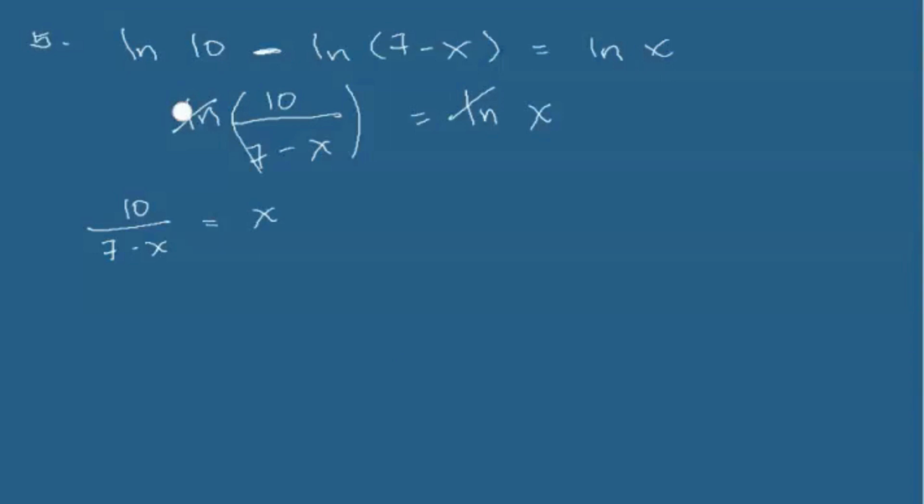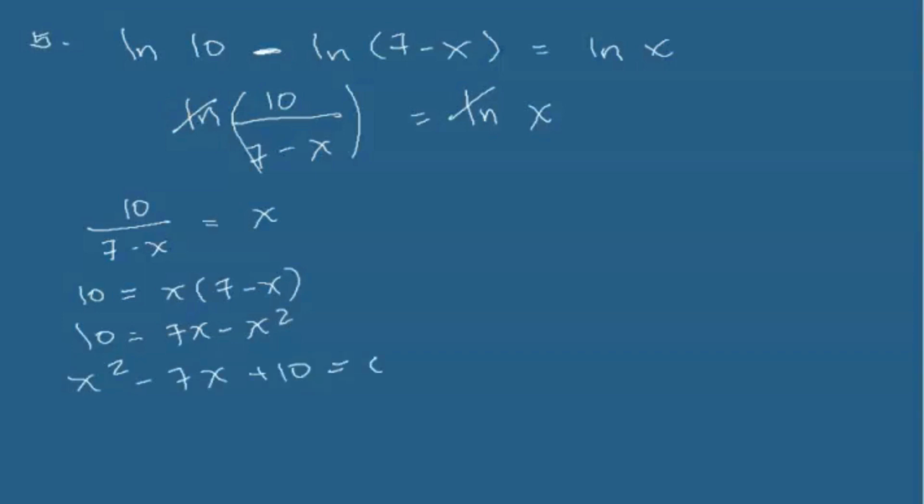And then let's cross multiply. So this will be 10 is equal to x times 7 minus x. So 10 is equal to 7x minus x squared. So let's equate this to 0. So this would be x squared minus 7x plus 10 equals 0.